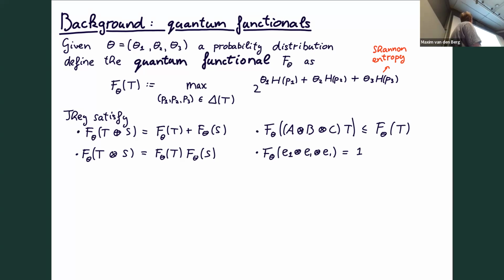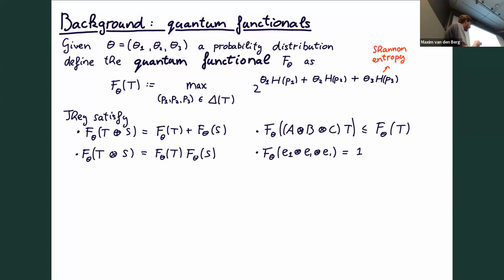The second one is that when you take the tensor product of two tensors, you get the product of these quantum functionals. And lastly, they are monotone. This means that whenever I take t and apply some matrices A, B, C to it, I will always get a lower value. So in the quantum context, they are really like strong entanglement monotones. And lastly, they are normalized. Whenever I choose the product tensor, I should get 1.